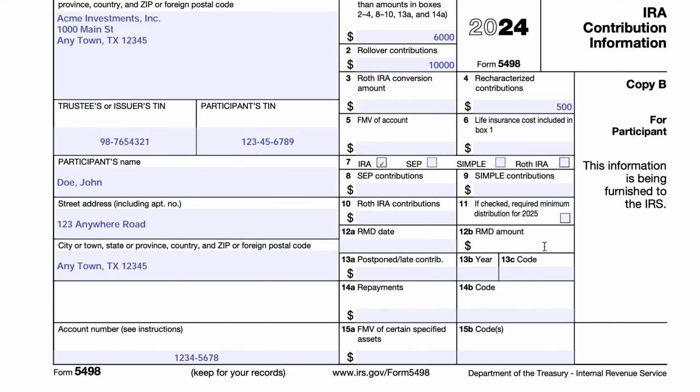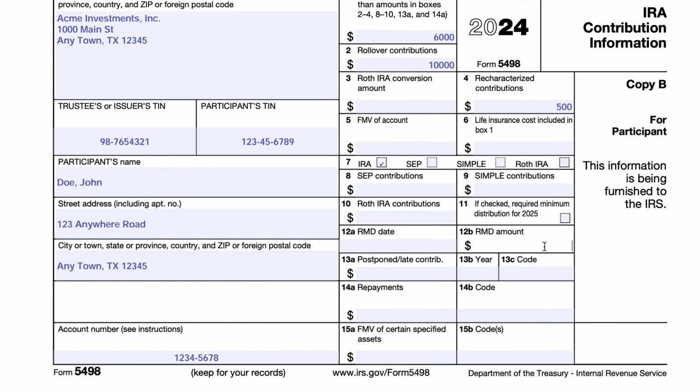In box 13A, this shows the amount of either a late rollover contribution that was made during the tax year and certified by you as the participant, or a postponed contribution made in the tax year for a prior tax year.